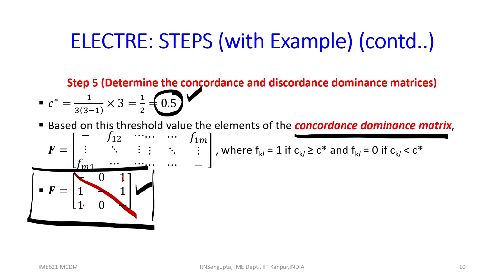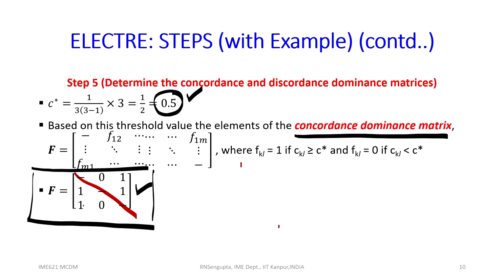I just read the values, and now let us compare. Along the rows we have the alternatives, and we are comparing the alternatives with themselves. Hence, the principal diagonal elements 1 1, 2 2, 3 3 are comparisons with itself. So, there is no use of trying to find a score along the principal diagonal. But when I compare A 1, which is the first row, with respect to A 2, it is 0.